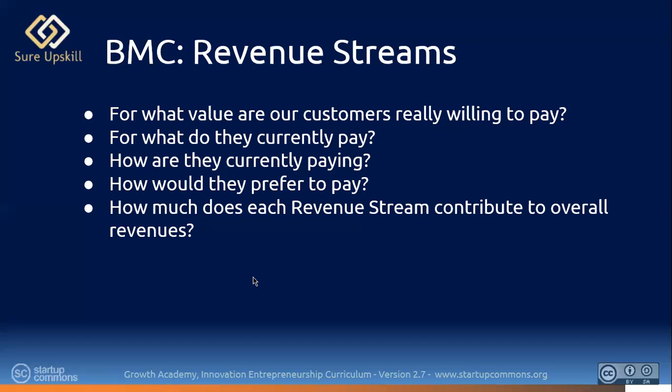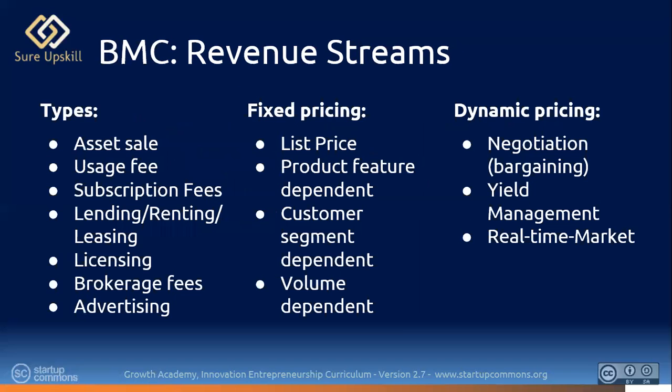So how much does each revenue stream contribute to the overall revenues? Because you may have various revenue streams. For instance, you may hire out something to the customer, sell it for a particular amount, or charge in installments, things like that. Now look at the various revenue streams that are available: asset sale, usage fees, subscriptions, lending, renting.